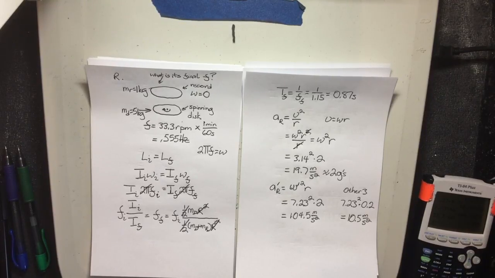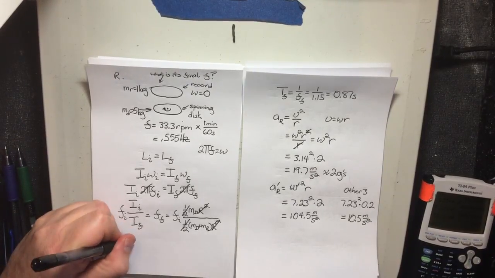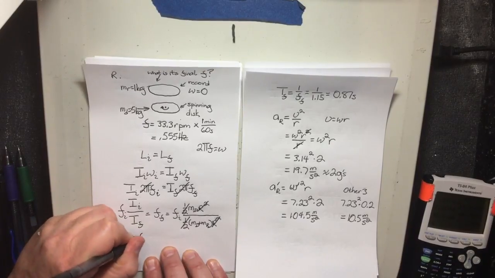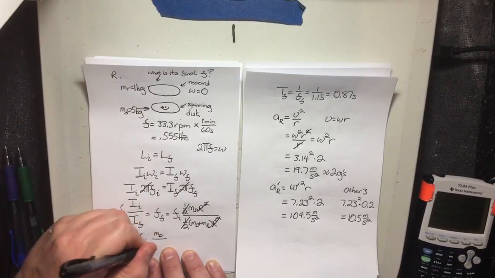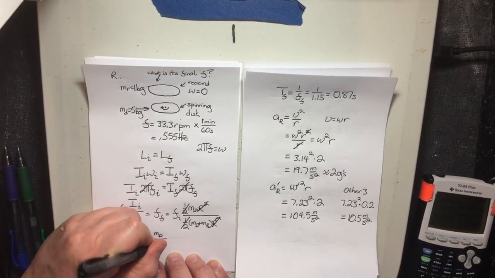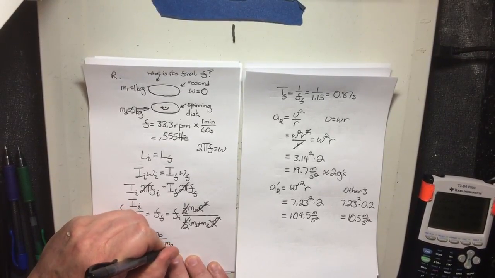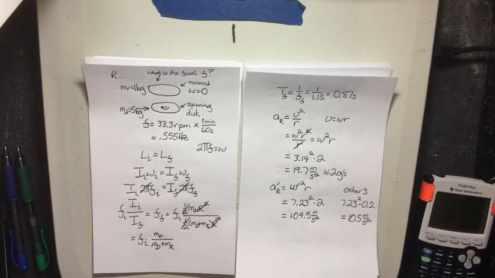One of the things is I understand how the problems work, and in certain situations I may not give you the mass because you don't need it, because it just cancels out. And then you can see that this is all equal to Fi, mass of the disk divided by mass of the disk plus mass of the record.